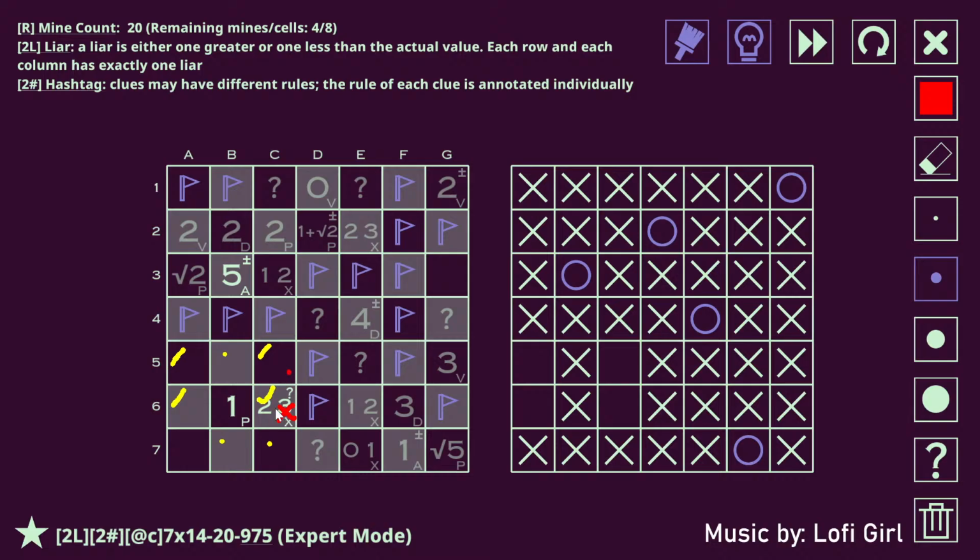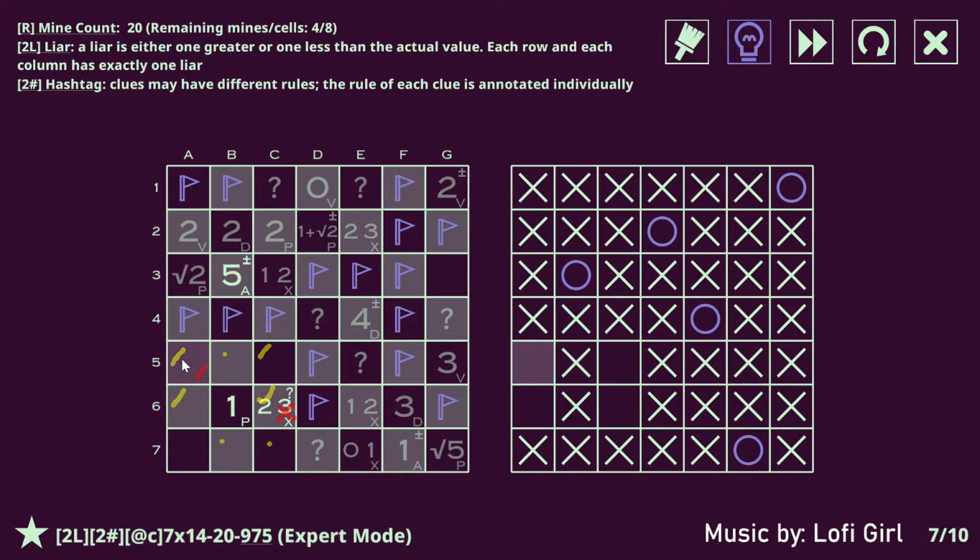If this is a mine... I mean, if this is telling a lie... Yeah, okay, then this must be telling a lie, which means this is empty. So that's your commonality. That cell. It's always empty.